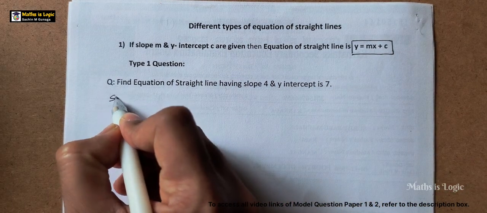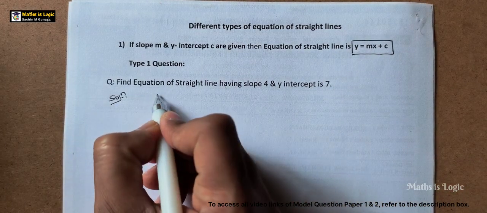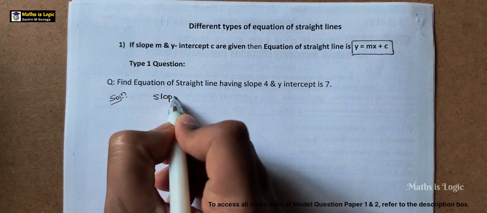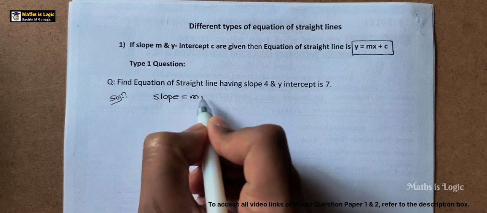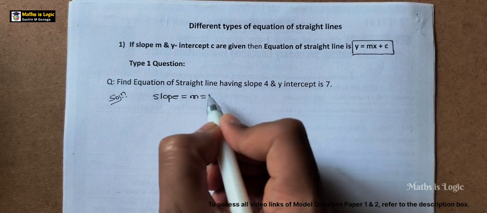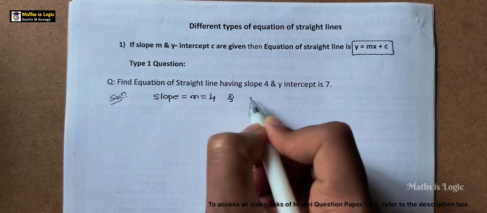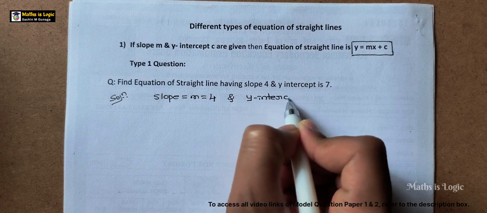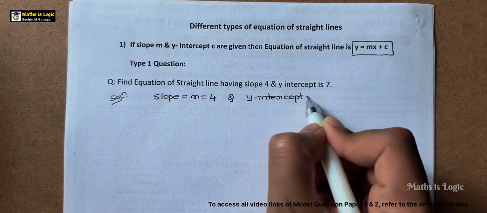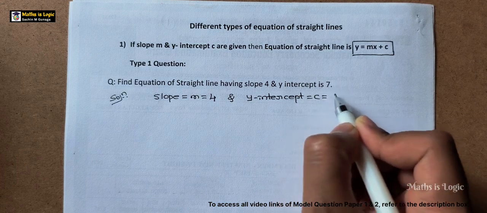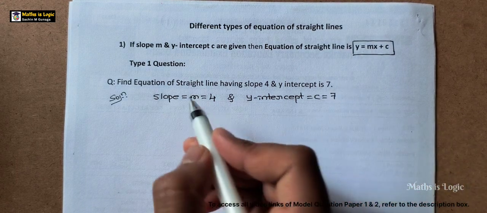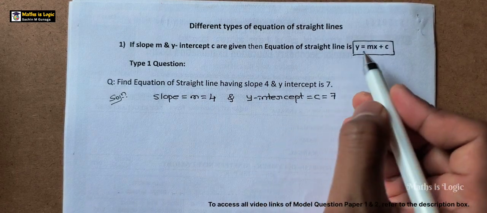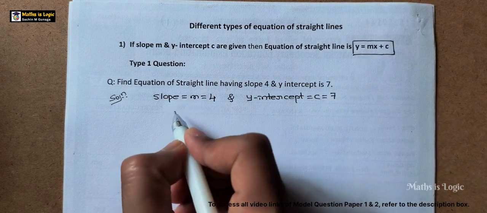So in the solution, first write the slope. Slope, that is m, is equals to 4, and y intercept we consider as c, which is 7. After writing m and c value, next write this formula.